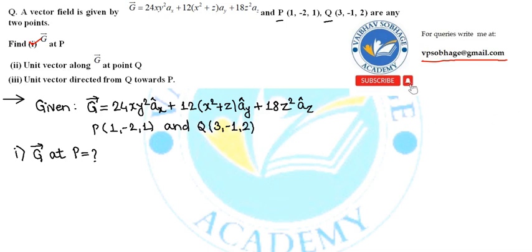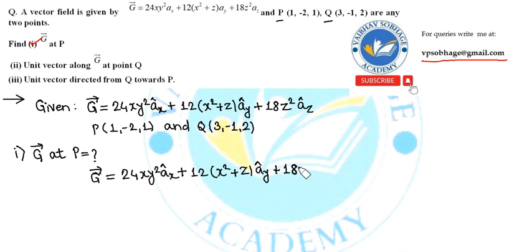So this is very much simple. Simply you just have to write what is your given vector g. So we have that given vector g is equals to, again I am rewriting this one, 24 x square, sorry, xy square ax cap plus 12 x square plus z into ay cap plus 18 z square az cap.